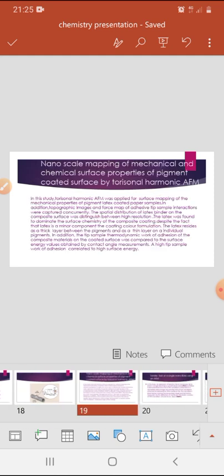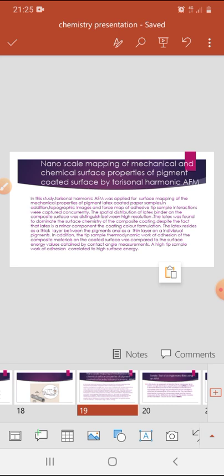The second method is nanoscale mapping of mechanical and chemical surface properties of a pigment coated surface by torsional harmonic AFM. In this study, torsional harmonic AFM was applied for surface mapping of the mechanical properties of pigment latex coated paper samples. In addition, topographic images and force maps of adhesive tip sample interactions were captured concurrently.